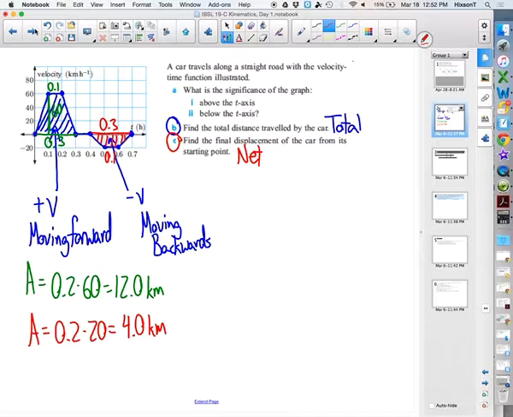Okay? So now that we know that, what's the total distance our car traveled? 16 kilometers. 16 kilometers. And then what's the net distance? 8. 8, okay? 12 minus 4, we ended up 8 kilometers away from where we started.